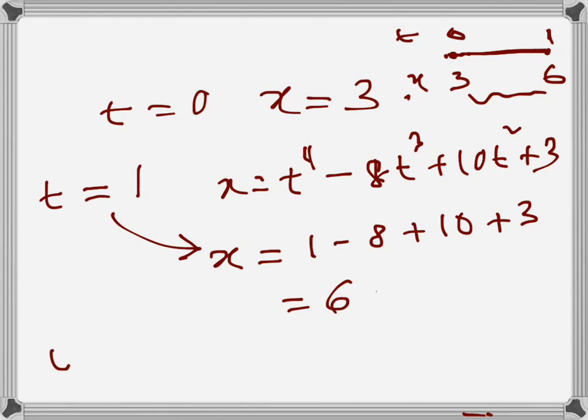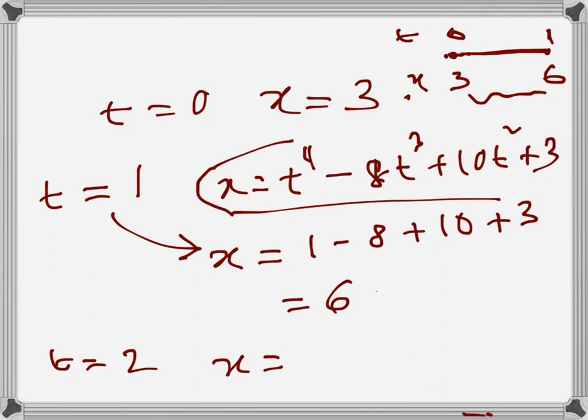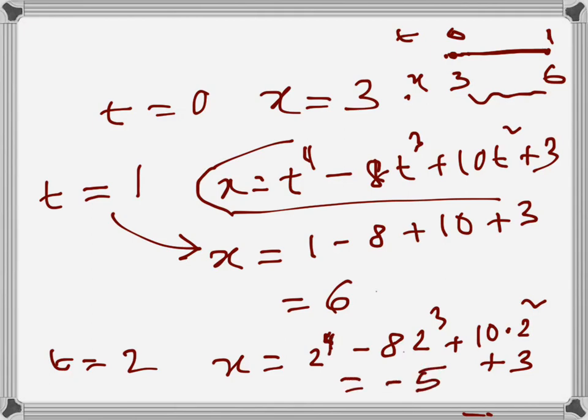Now we have to see what happens when t equals 2, because that's what we are interested in, how much it travels. So again we plug in the value in the displacement equation: 2 to the power 4 minus 8 times 2 cube plus 10 times 2 square plus 3. When we do this, we get x is equal to minus 5.